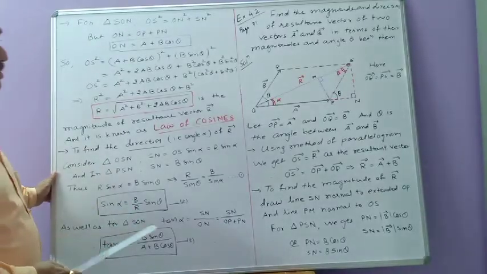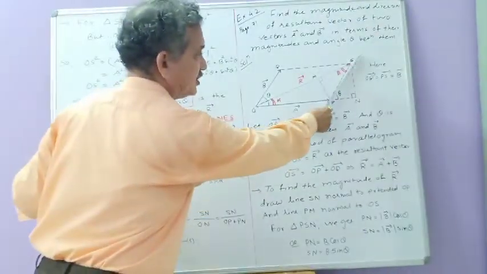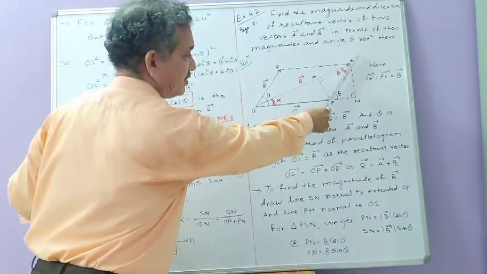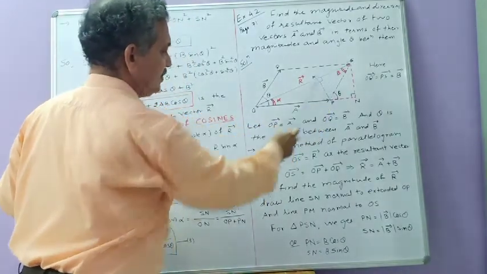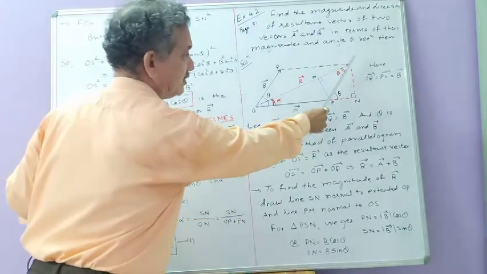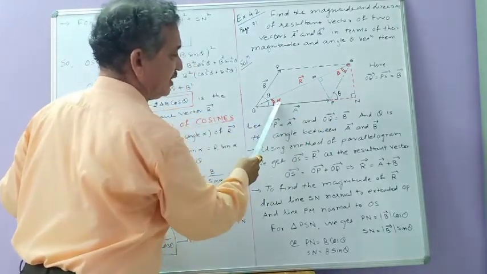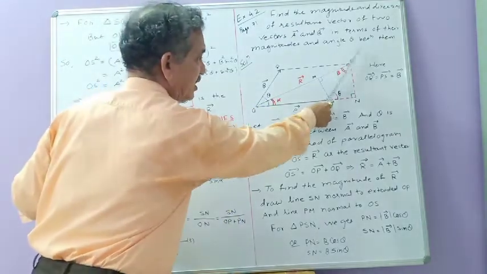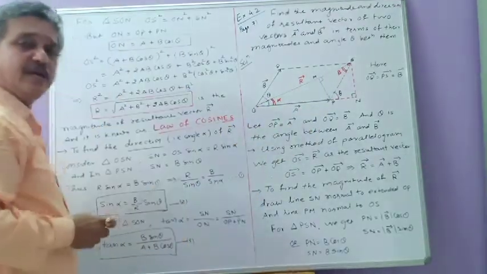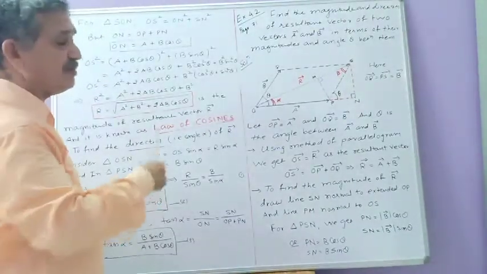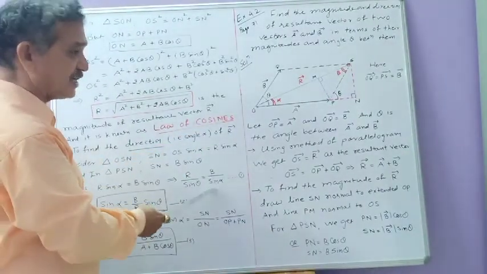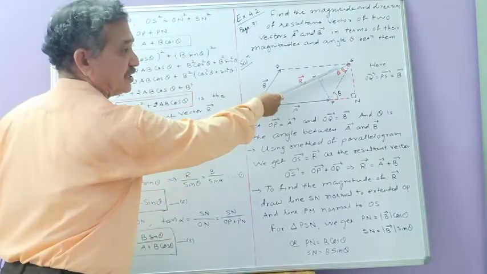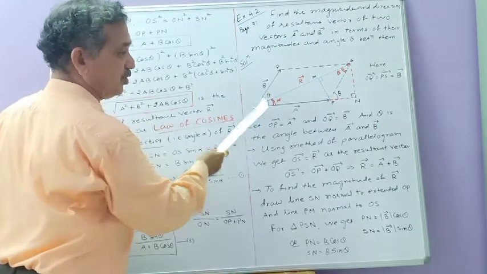Remember, here PS is vector B, and opposite to this side PS is the angle alpha. So the magnitude of vector B upon the sine of the angle alpha in front of it equals the resultant magnitude R upon sine theta.